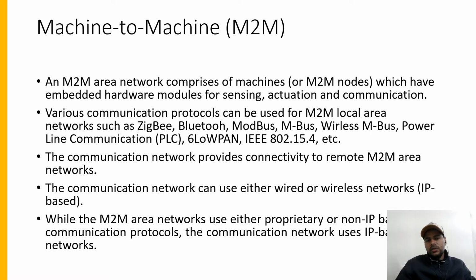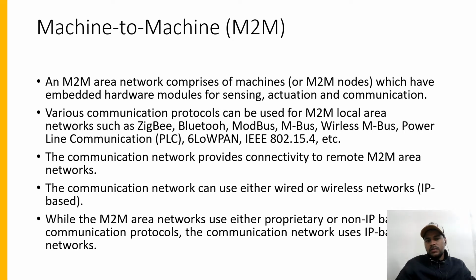There are various communication protocols that can be used for M2M local area networks such as ZigBee, Bluetooth, M-Bus, Modbus, Wireless M-Bus, Powerline Communication, IEEE 802.15.4, etc. These are various communication protocols through which the communication between these hardware modules of embedded devices take place in M2M model. The communication network provides connectivity to remote M2M area networks.